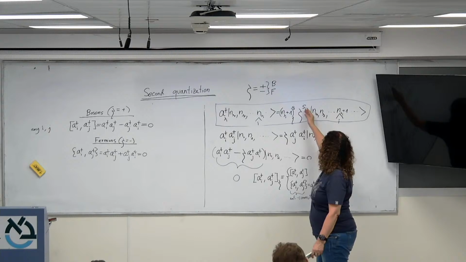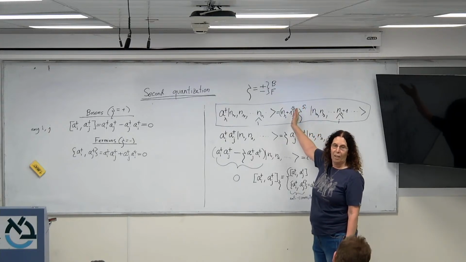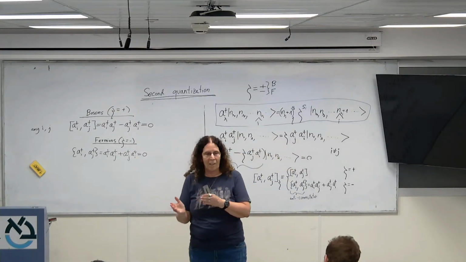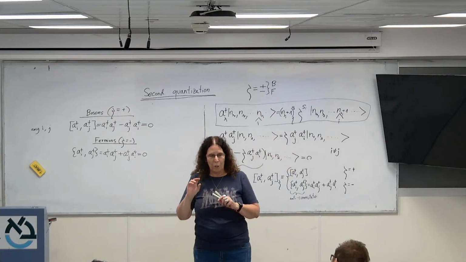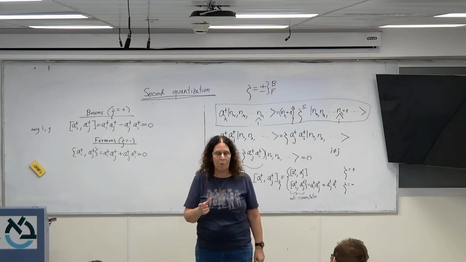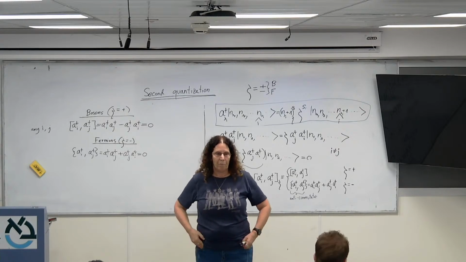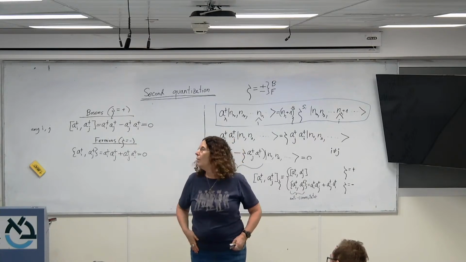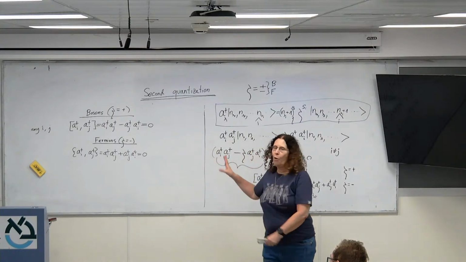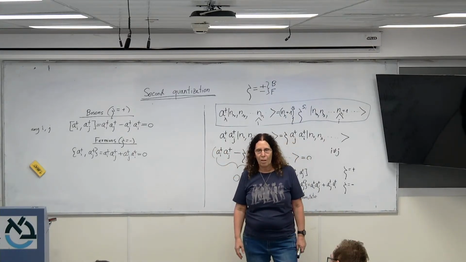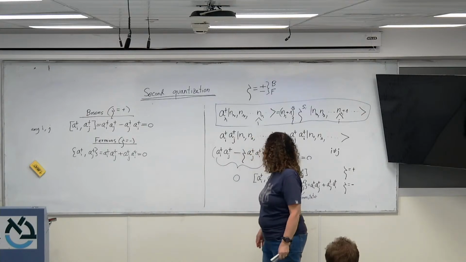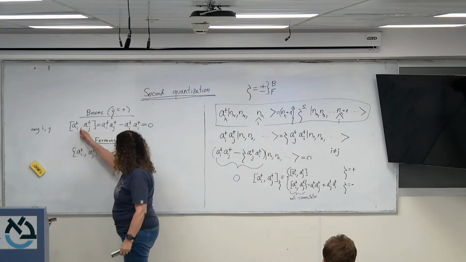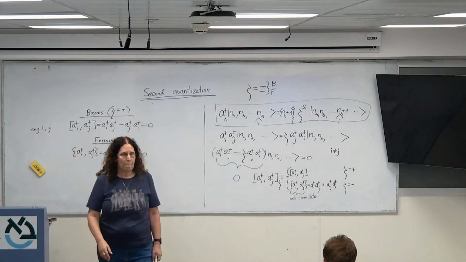We don't care exactly what the sign is here, except that if you exchange particles an odd number of times, you get an odd permutation, a minus sign, okay? So this enforces the fermion statistics in a very simple way. You don't have to change a lot, just go from commutators to anti-commutators, okay?